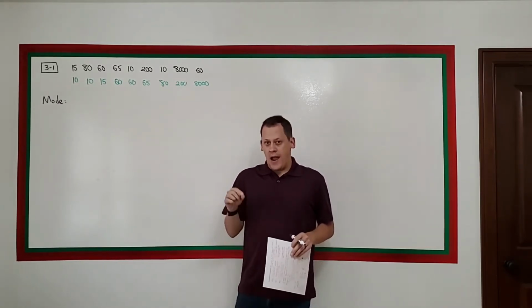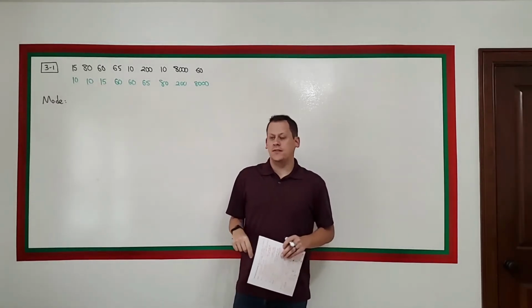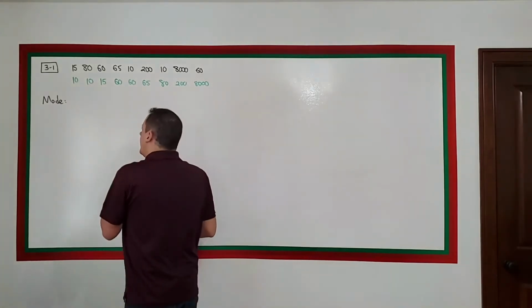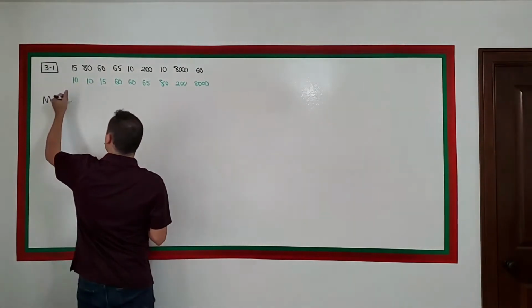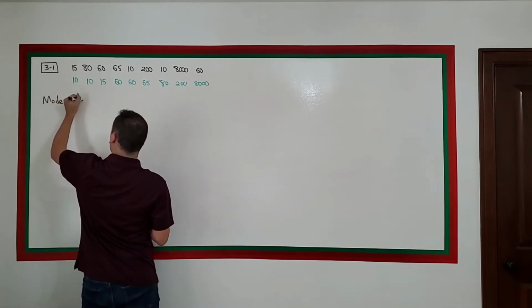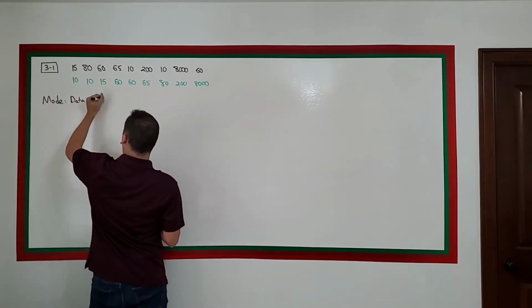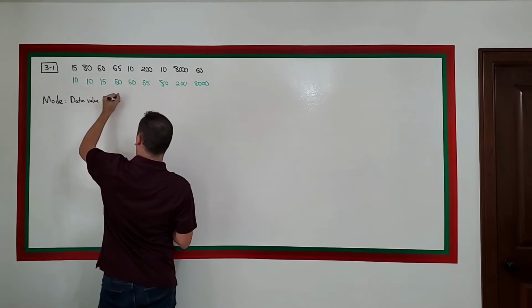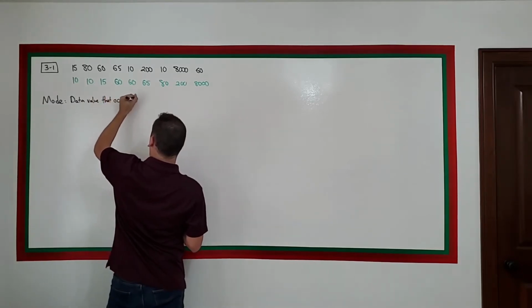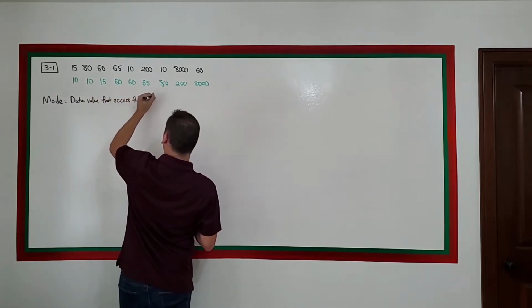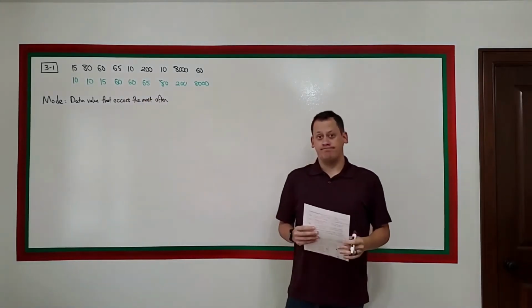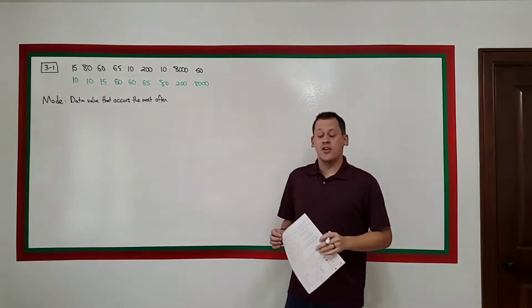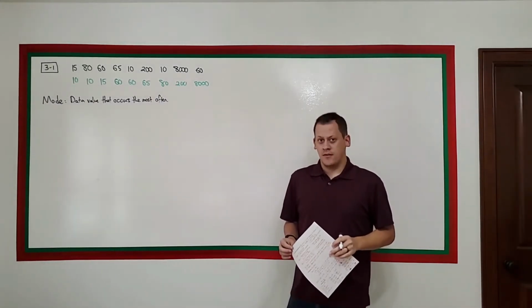I'm going to go with our textbook's definition of the mode for this, and it might be different than what you think. Their definition is the mode is the data value that occurs the most often in a data set. It's the data value that occurs the most often.